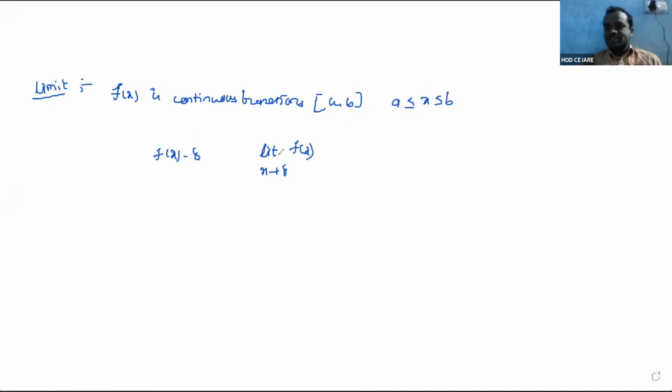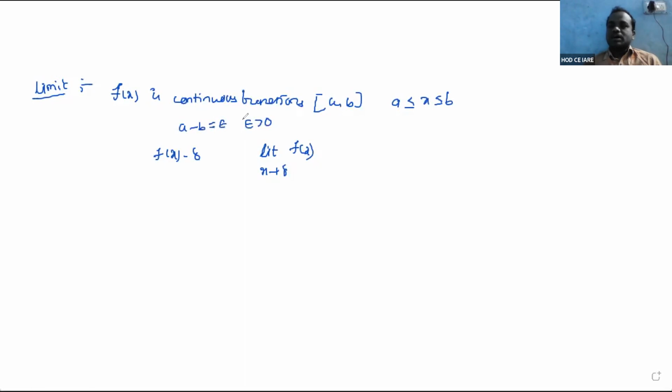If f(x) is continuous in the closed interval [a, b], then there exists epsilon greater than 0. Epsilon is a positive, negligible value, not an exact value.